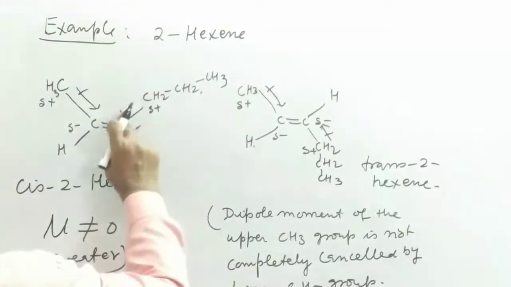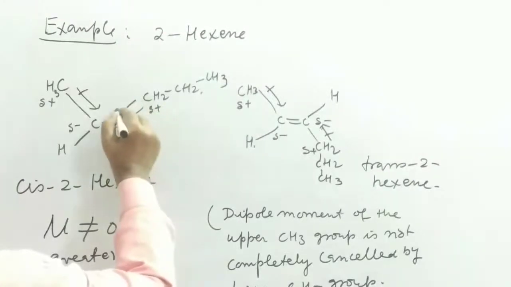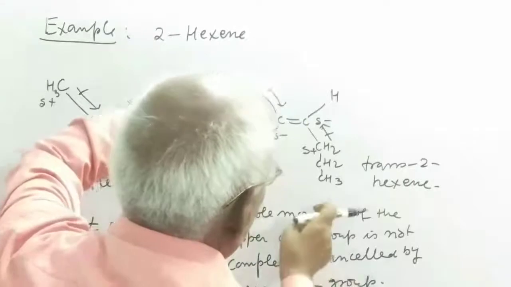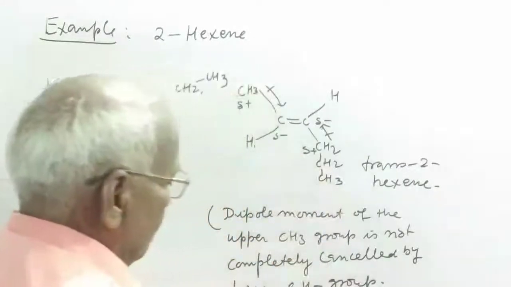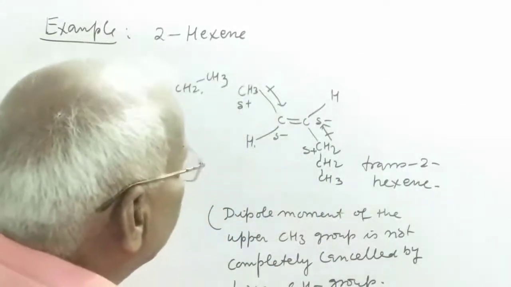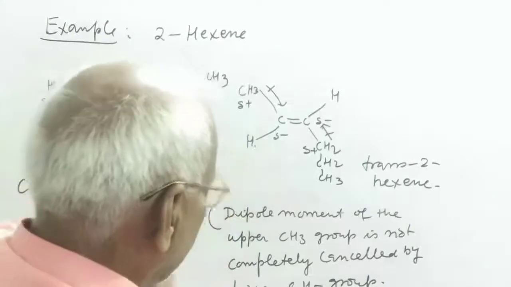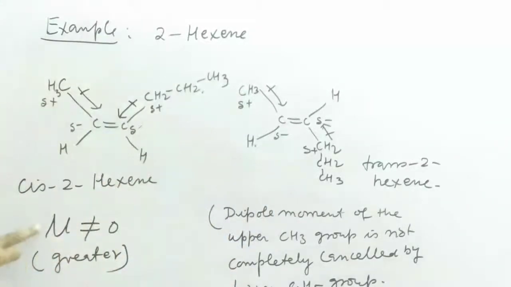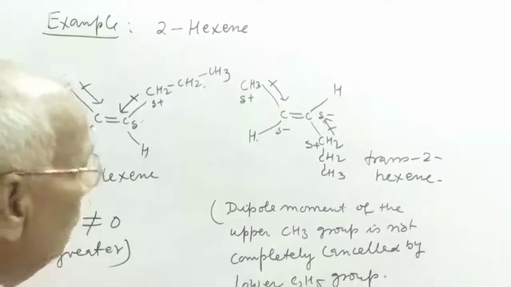But in the trans case they are coming in opposite directions, but not completely cancelled by each other. So it has some value of dipole moment; this has greater value and that has lower value.